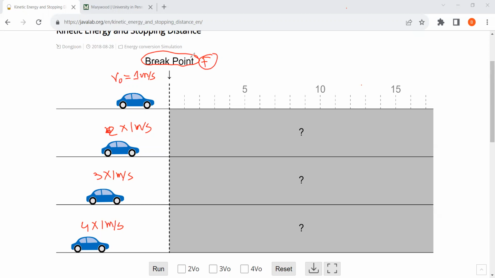When the speed is low, the stopping distance is less. When the speed is high, the stopping distance will be high. So when you're driving a car on a straight street, if your speed is high, then it takes longer to stop the car. Here I want to show you by using this simulation, and you can prove it by using the work energy principle. Let's see.